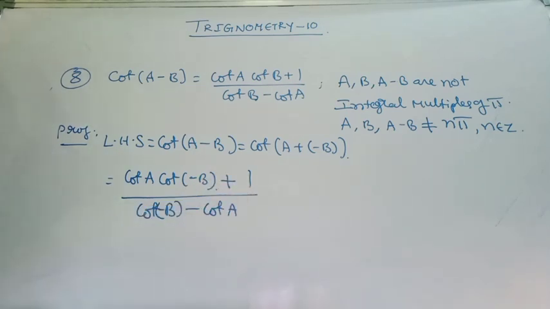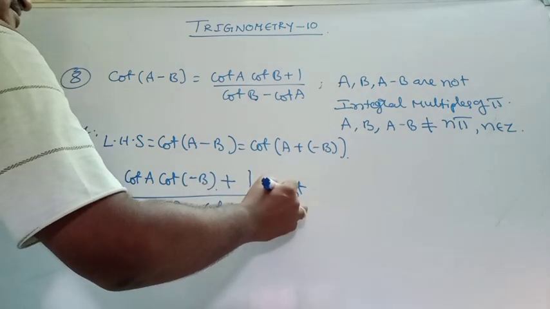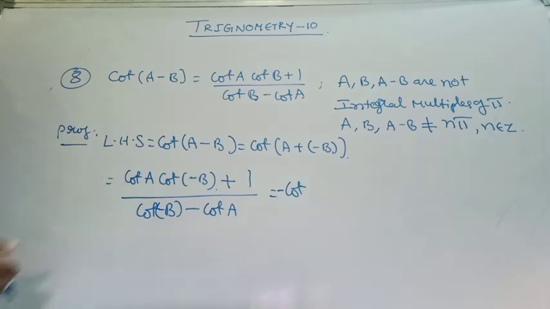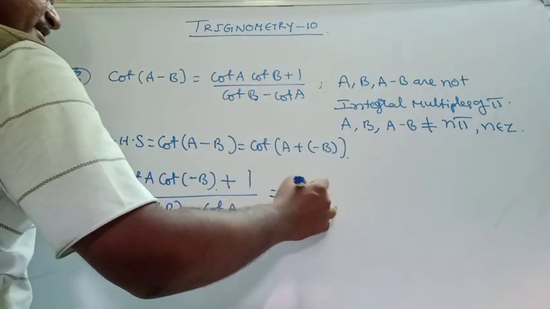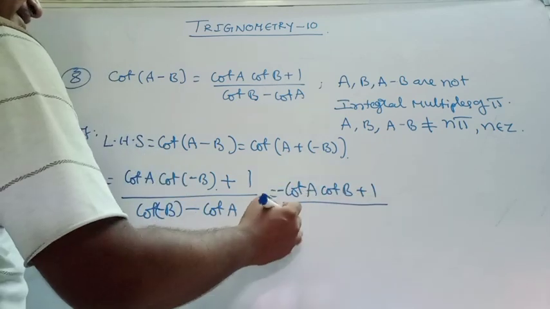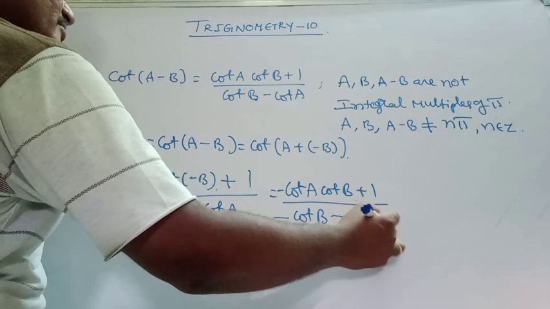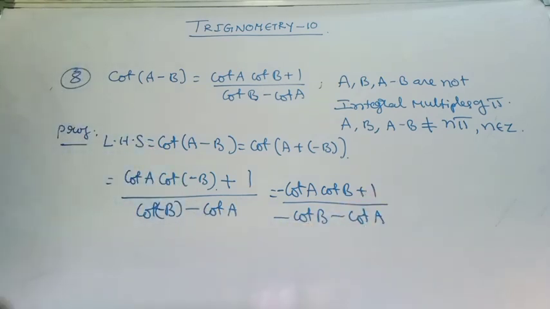Fine. What we do here is, minus cot of minus theta becomes minus cot theta. That's why minus cot A cot B plus 1, whole thing divided by, this is now minus cot B minus cot A you are having here. I think you can take the minus sign common here.